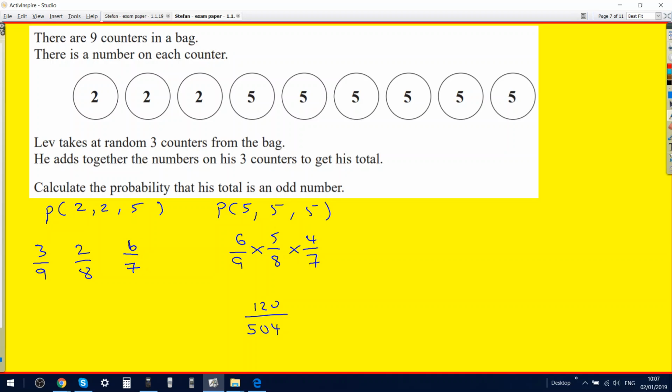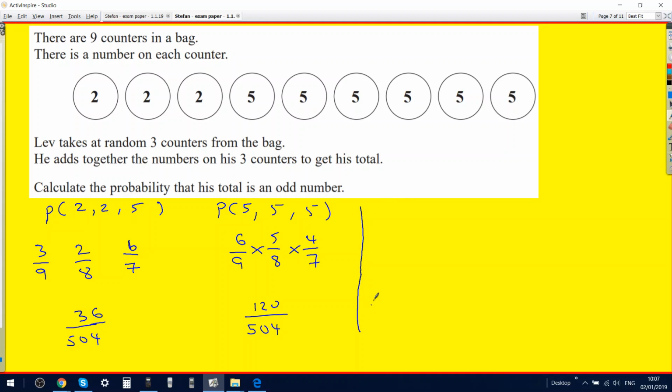Yeah. And then I multiply those together. So 504, and then 3 times 3 times 2 times 2. 36/504. And then do I add those two numbers together?